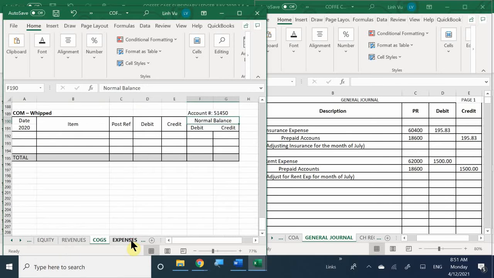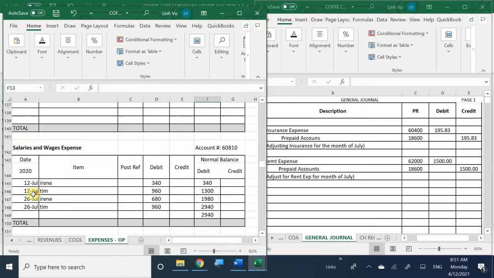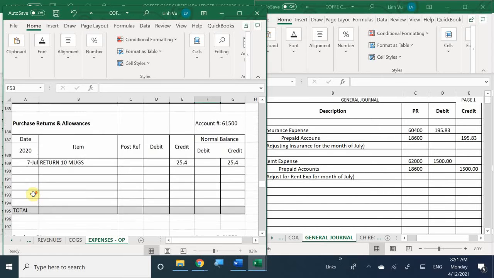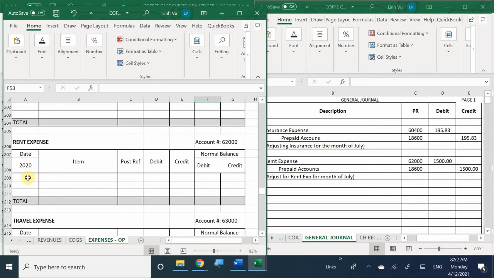Okay. And then I'm going to go ahead and go to my rent expense here and debit my account for $1,500. Okay, so is everyone good with me so far?